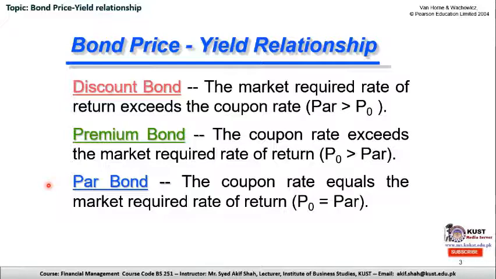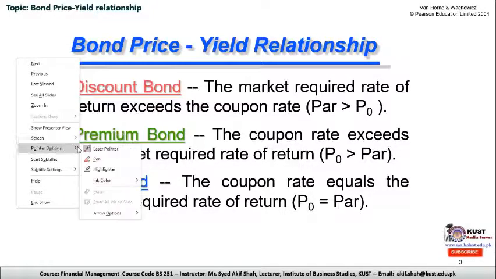We have already explained the peculiarities and characteristics of bond securities, so I assume that you know very well what the coupon rate and face value, maturity time period, issuer and holder of the bond are. If you have any confusion, you can go back to my previous lecture on security valuation. Anyhow, the par bond is the one which is selling in the market at the stated or specified face value.